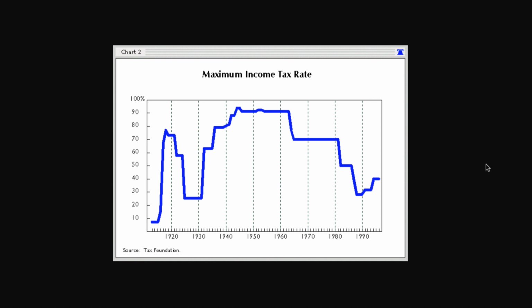It starts going up because we have different fiscal policy, and then notice it gets the highest during World War II, over 95% in some years, to raise money for the U.S. Then for quite a while after World War II, going into the 50s and 60s, we're hovering around 90%.